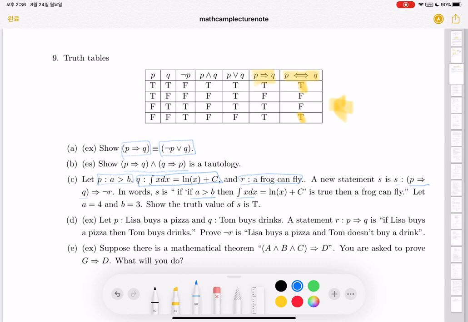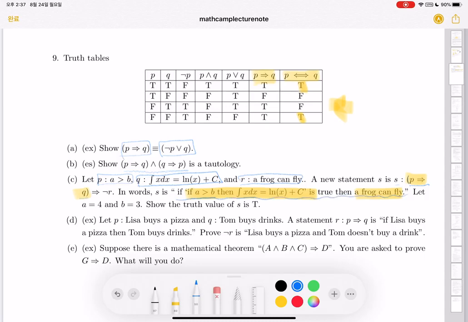That's Q, P implies Q, if P then Q. And this whole thing is a conditional statement for negation of R. So if this is true, then a frog can fly. Okay, so this mathematical statement that P implies Q implies negation of R reads this way.